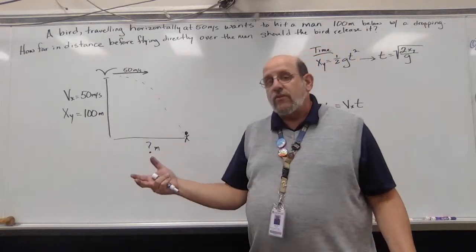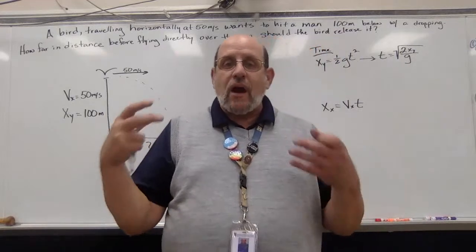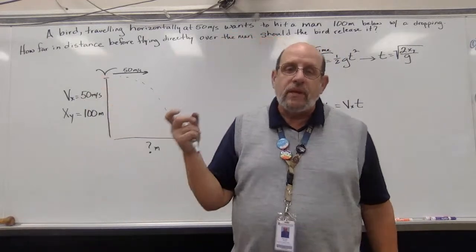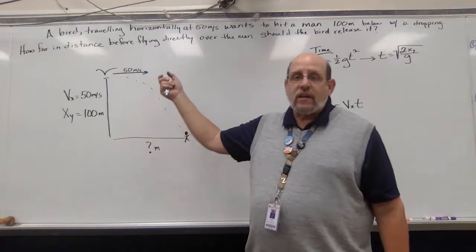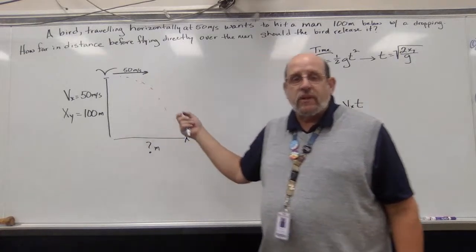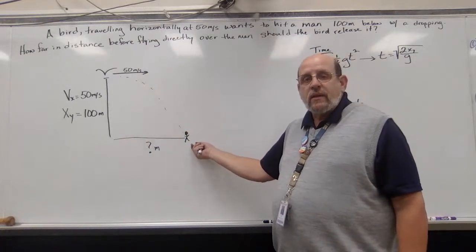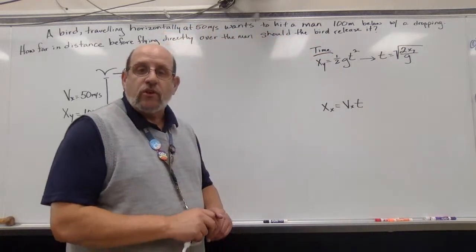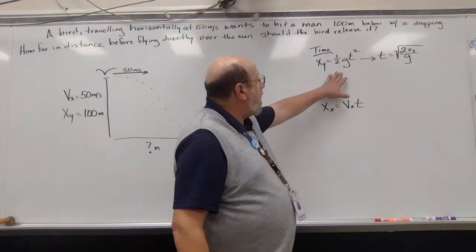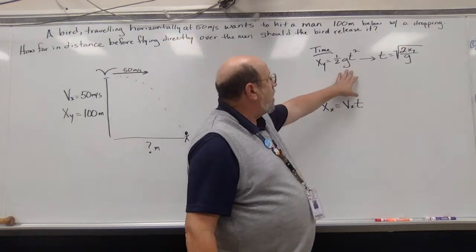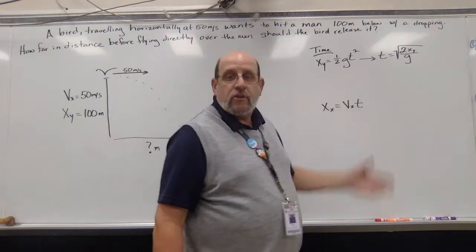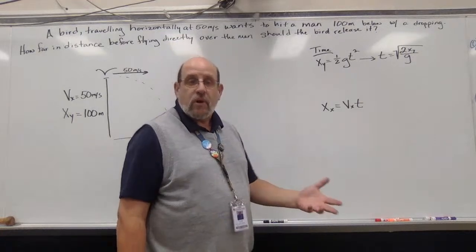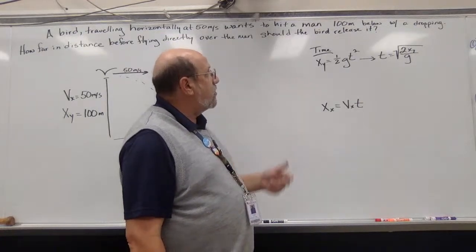So what do we need to find out? We need to find out how long that dropping is going to be in the air, how long it's going to take to get from the bird 100 meters up in the air to the man down there on the ground. So what do we use? We use our good old friend 1/2 a t squared. In this case, I'm going to call it g because we know that the acceleration in this problem is the acceleration due to gravity.